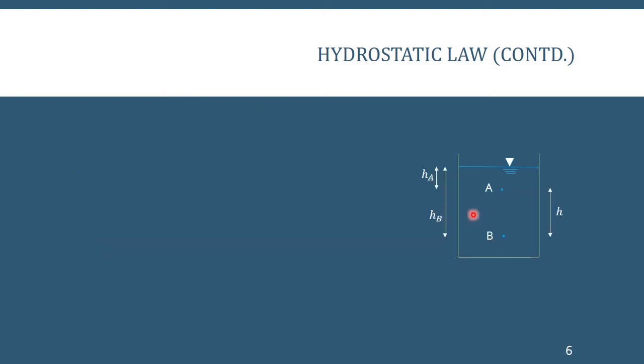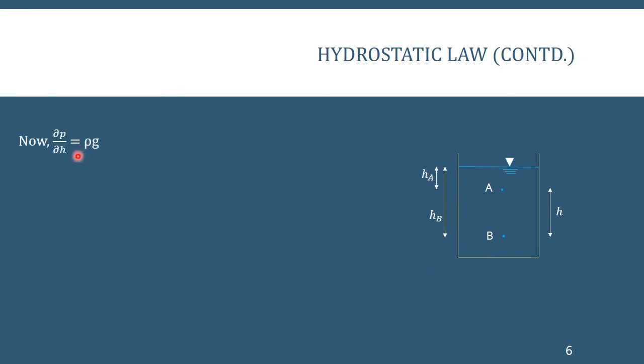So let's just take this case. There are 2 points A and B. A is at a depth of HA, B is at a depth of HB, and the distance between A and B is H. That is HB minus HA is given by H. Now let me take the hydrostatic law.